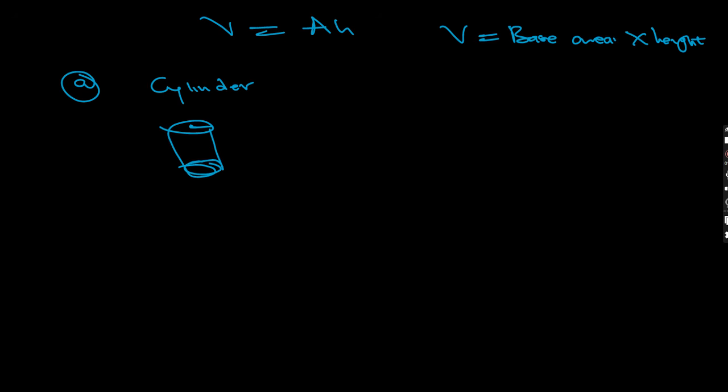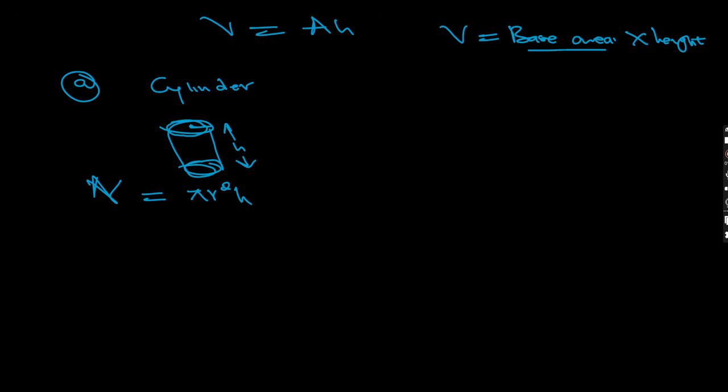The base of a cylinder is just a circle. So the base area is that of the circle. We're going to have pi r squared. Then we have the height here. This is the volume of a cylinder.